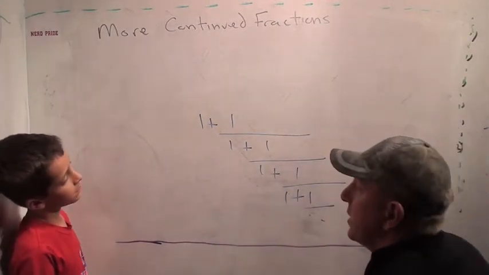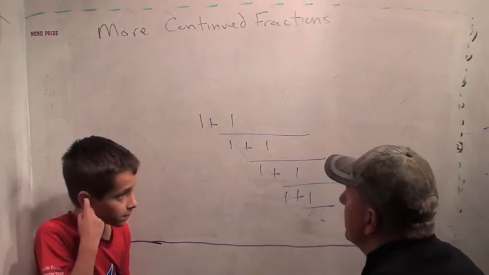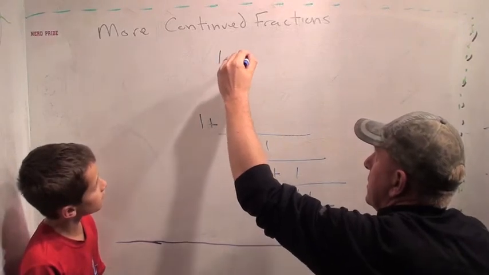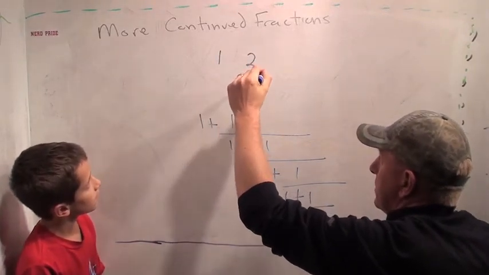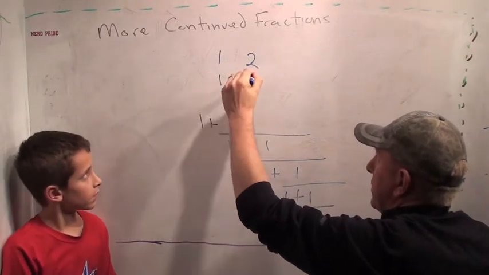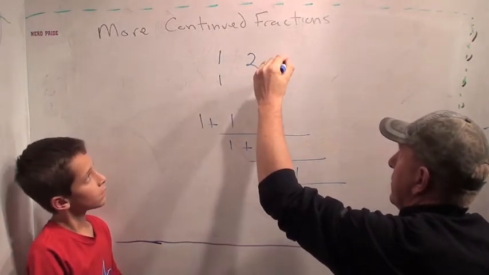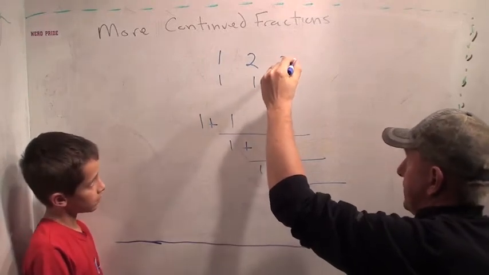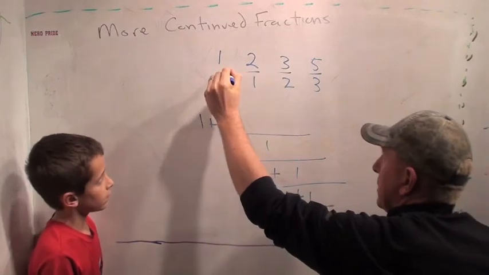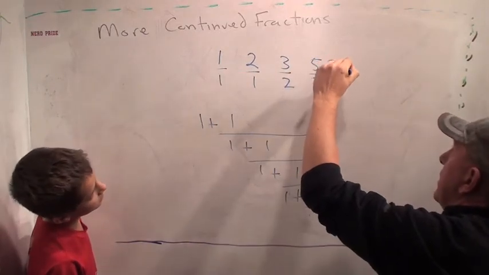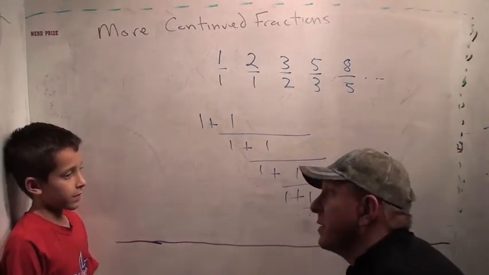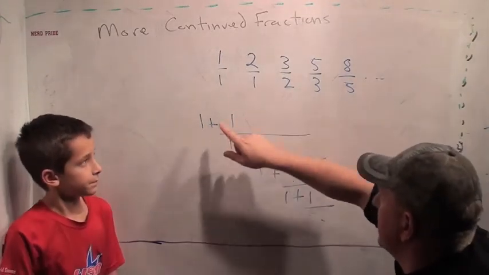down. And we found these things called the convergents that were equal to 1 over 1, 2 over 1, 3 over 2, 5 thirds, and then 8 fifths, etc. And these are called the convergents, and we found those by evaluating pieces of the continued fraction.